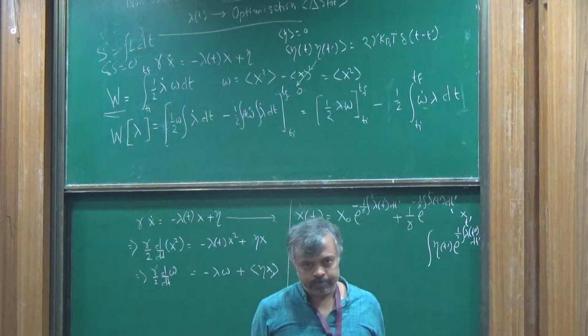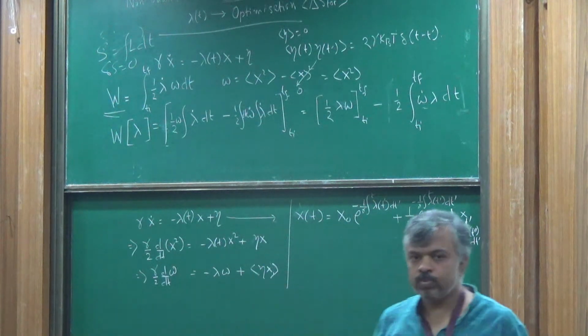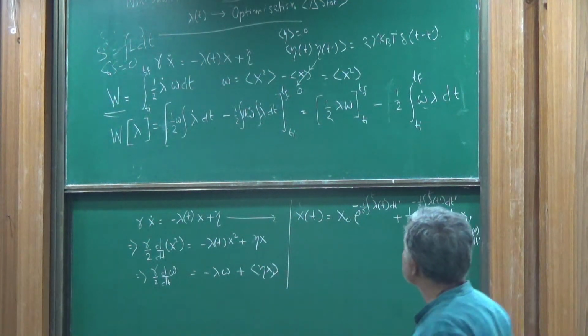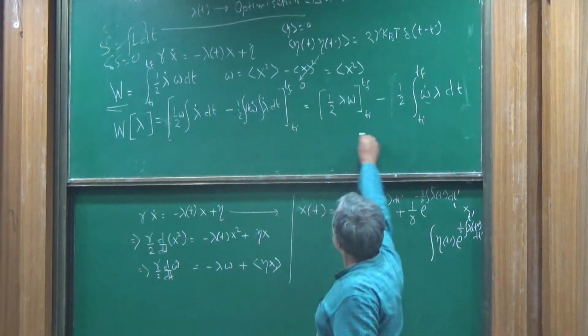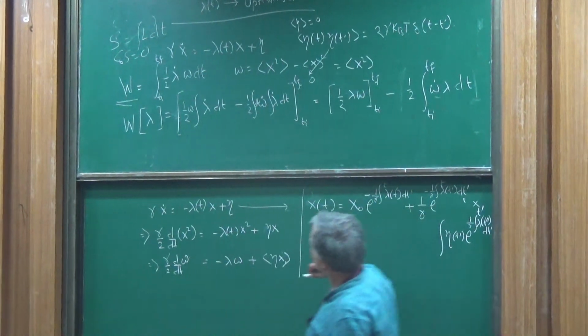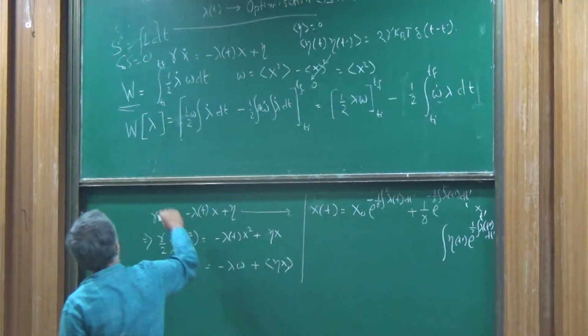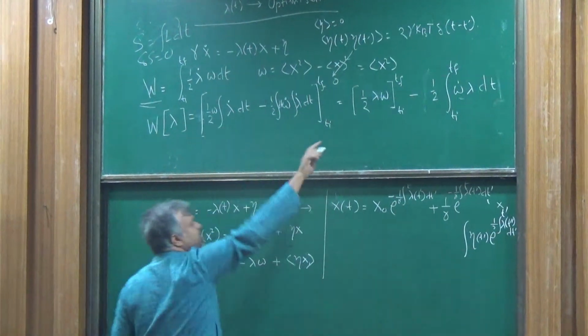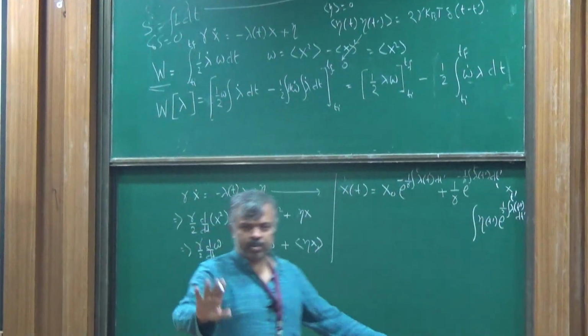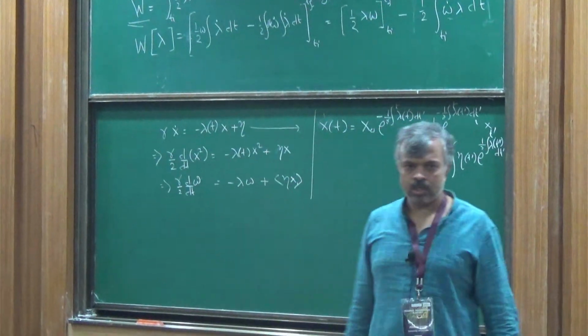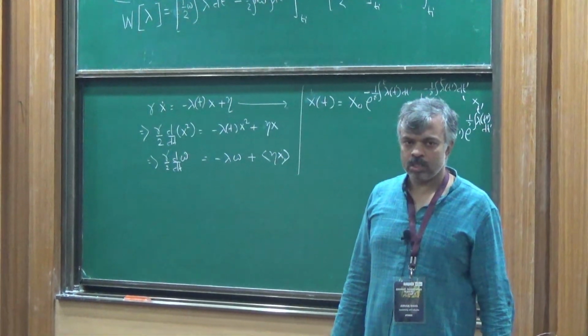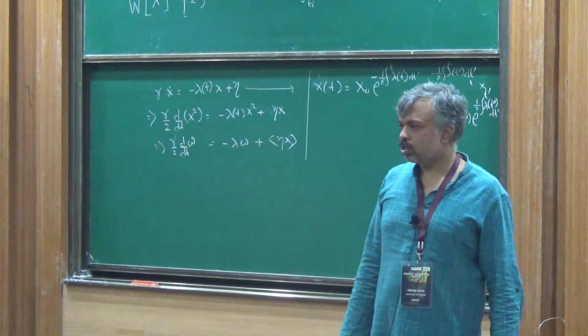What is the difference between the first definition of W, W is equal to half lambda dot omega t, and then the second? From this step to this step is just a bypass, integration by parts, nothing else. This is the first step.